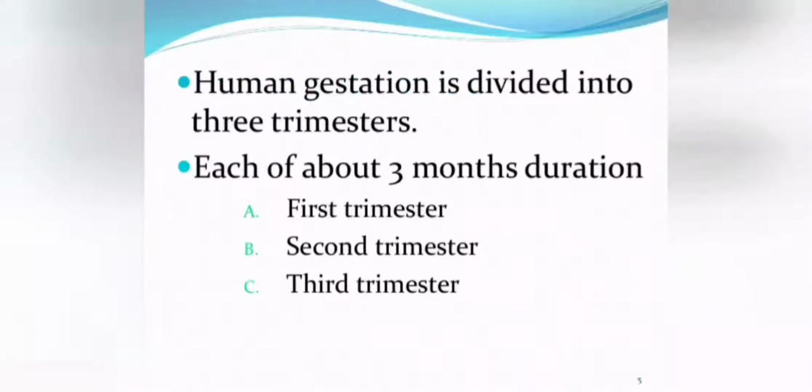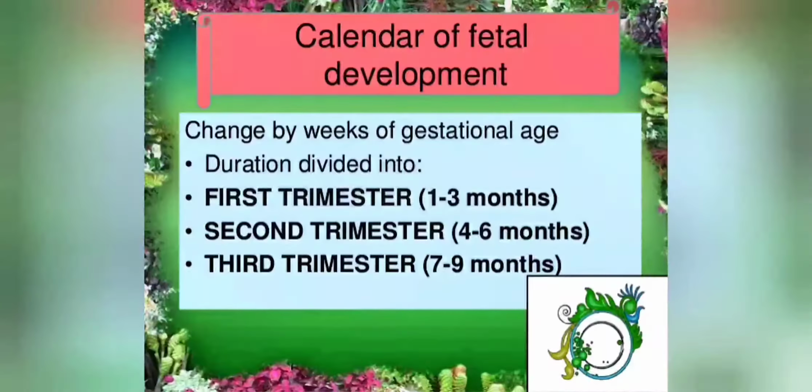So human gestation is divided into 3 parts, 3 trimesters. Each trimester is of 3 months. The first trimester is from the 1st to the 3rd month, the second trimester is 4 to 6 months, and the third trimester is 7 to 9 months.